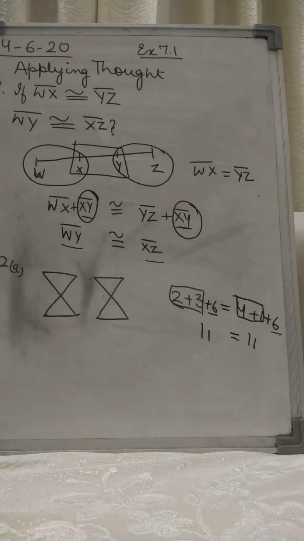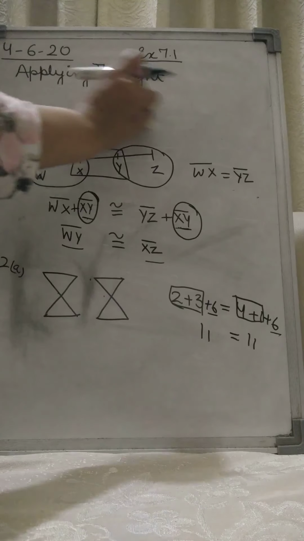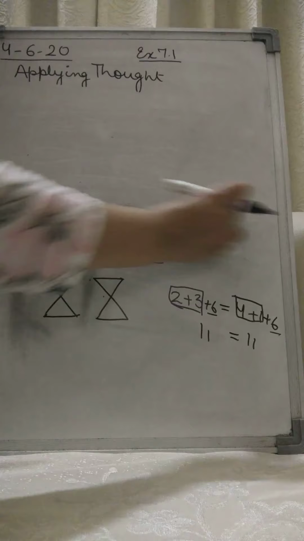So these two figures cannot be superimposed on each other, so they are not congruent. Same as with the C, the first cylinder is bigger and the second one is smaller. But in D part, both the circle rings are of equal width and size, so they are superimposed on each other, so then they are congruent. So B and C part are not congruent.